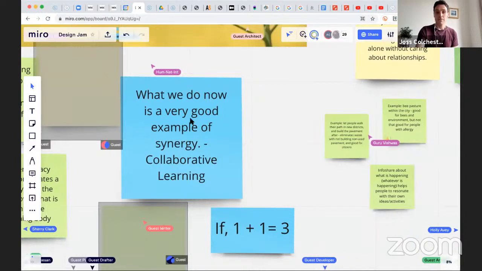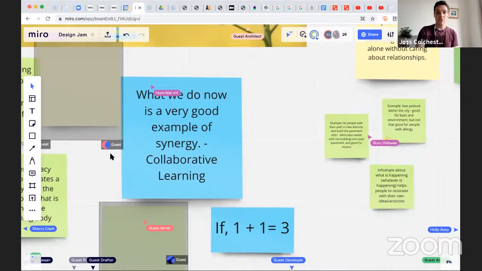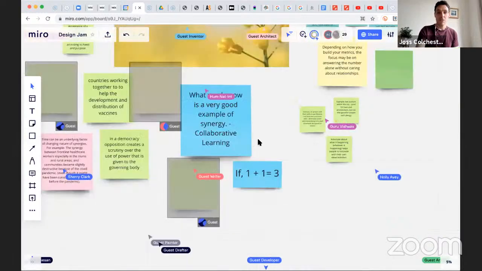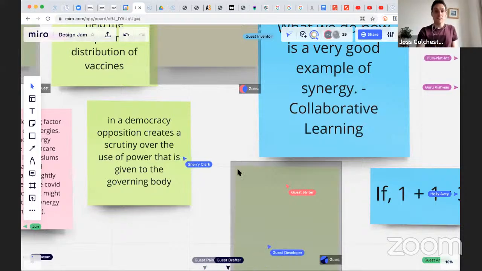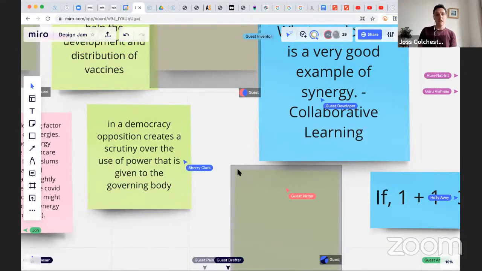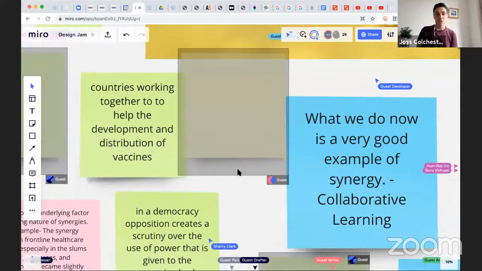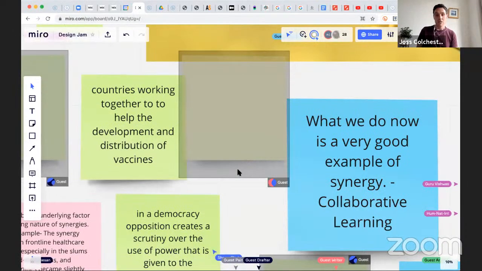Yep, can be. So in a democracy, opposition creates scrutiny over the use of power that is given to the governing body. Countries working together to help the development and distribution of vaccines. Yep, could be an example.